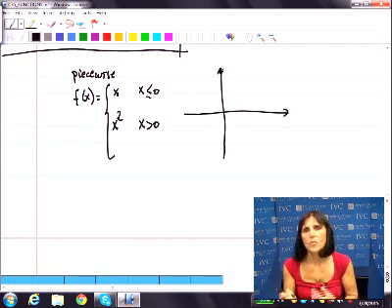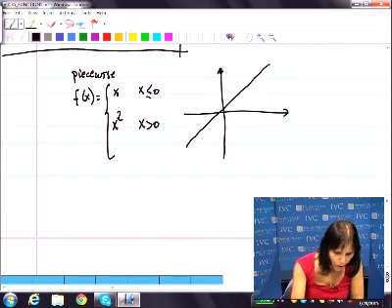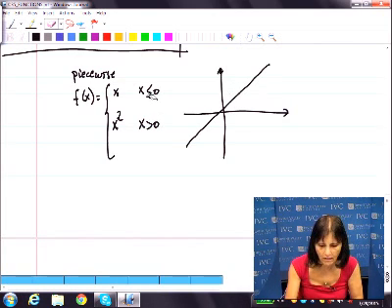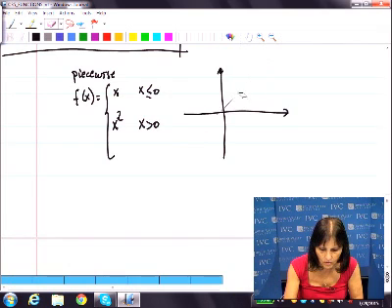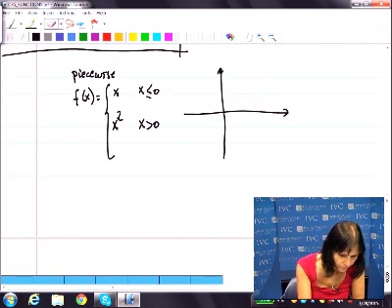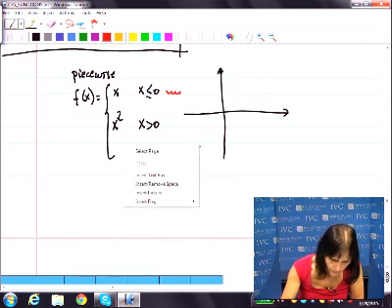What does y equals x look like? It looks like this, right? Okay, but I do not want this part, right? Because I want to stay at less than 0. So you take that out. You do this in red. So here it is. Oops.